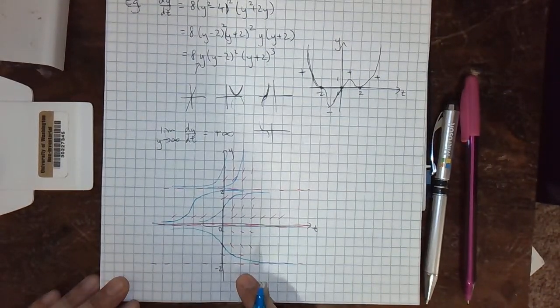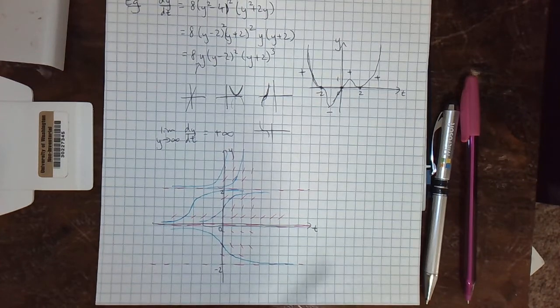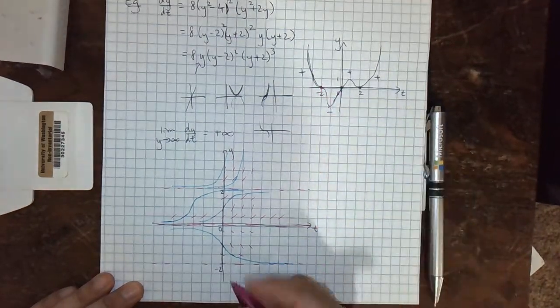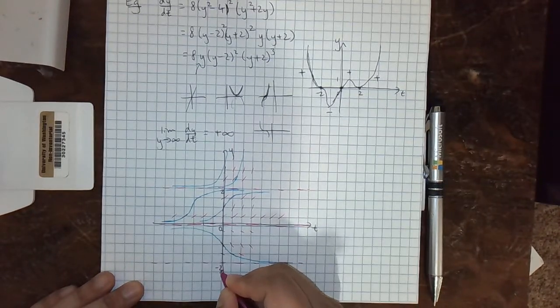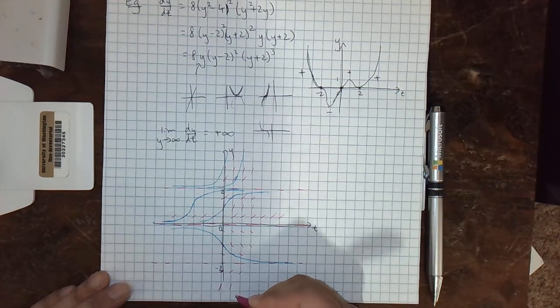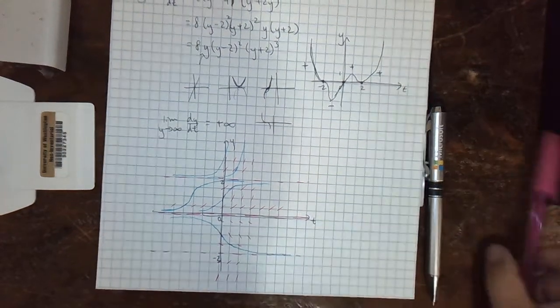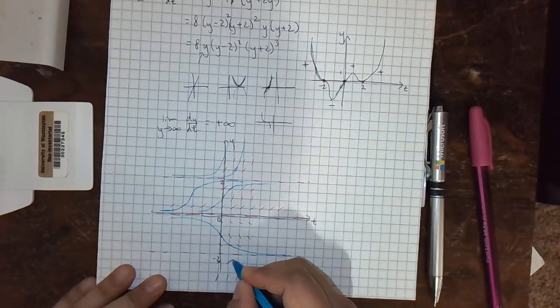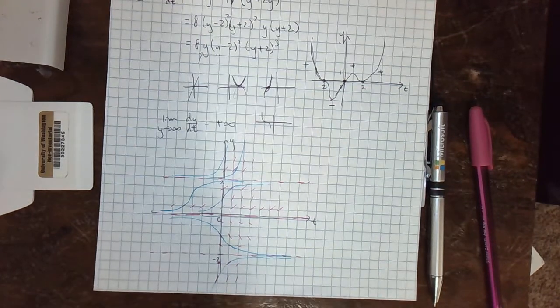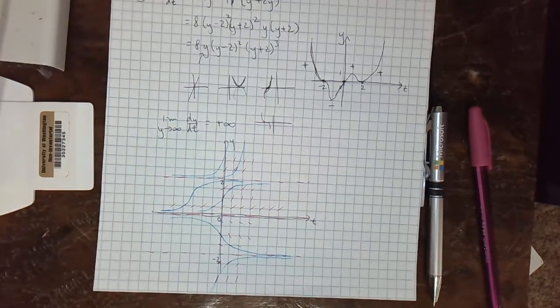And then down here, we are positive again. So small positive number near negative 2, getting bigger as we get down here. So this is going towards there, like that. Solution curves are that way.